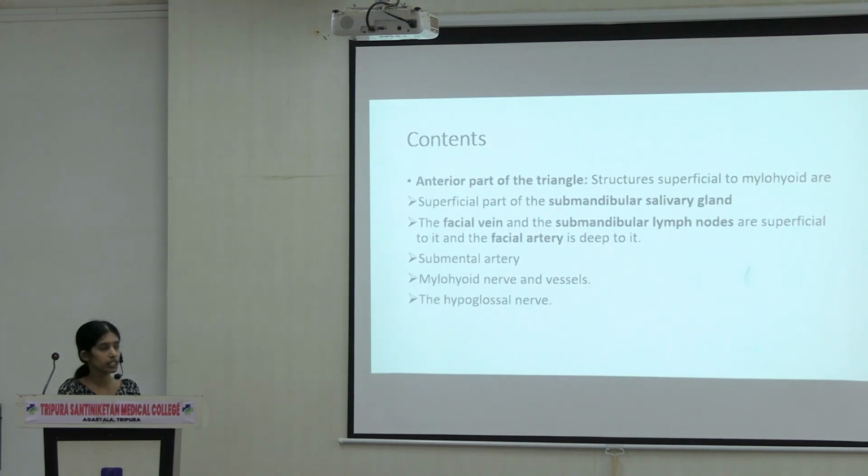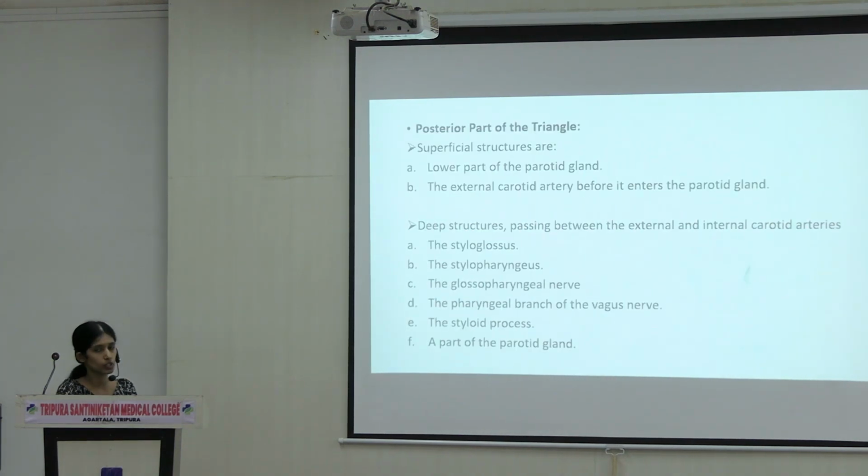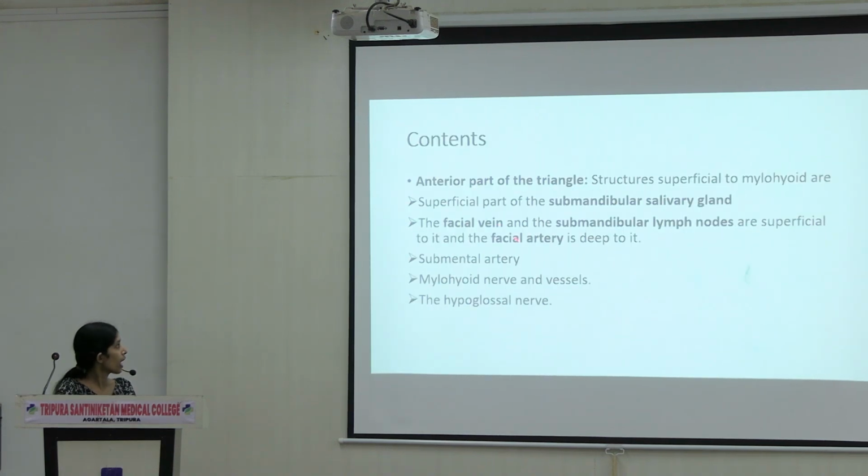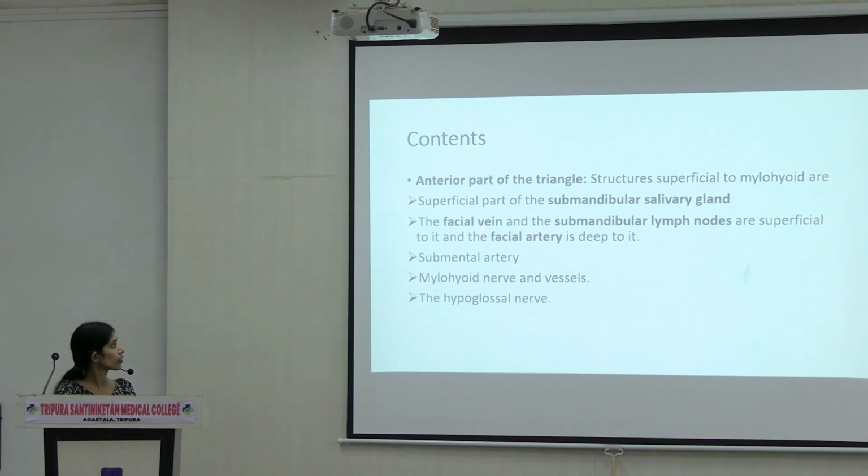Contents. We have anterior part contents and also posterior part contents in your digastric region. The anterior part of the triangle contains structures superficial to your mylohyoid muscle: the superficial part of the submandibular salivary gland, submandibular lymph nodes along with your facial vein and facial artery.